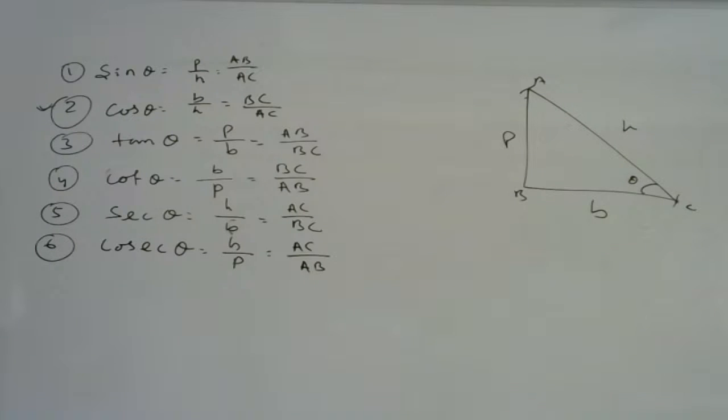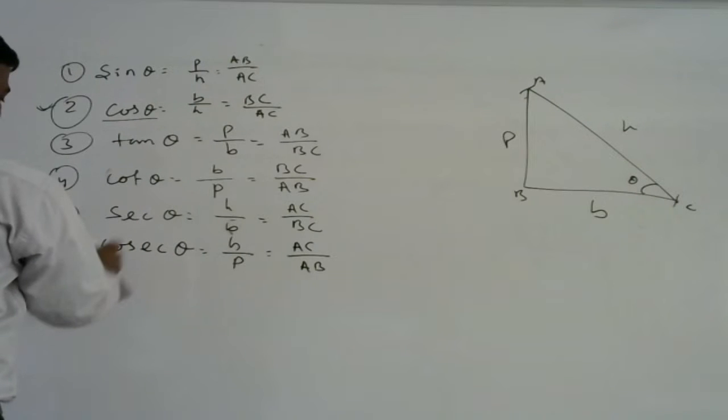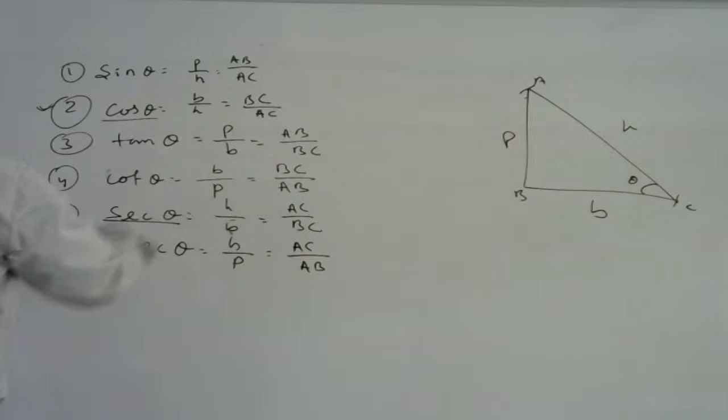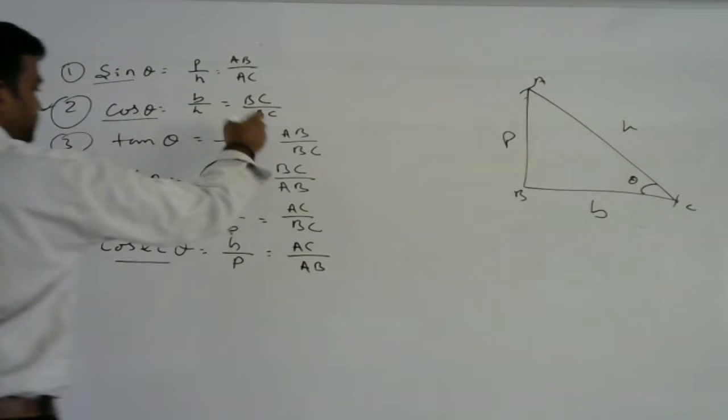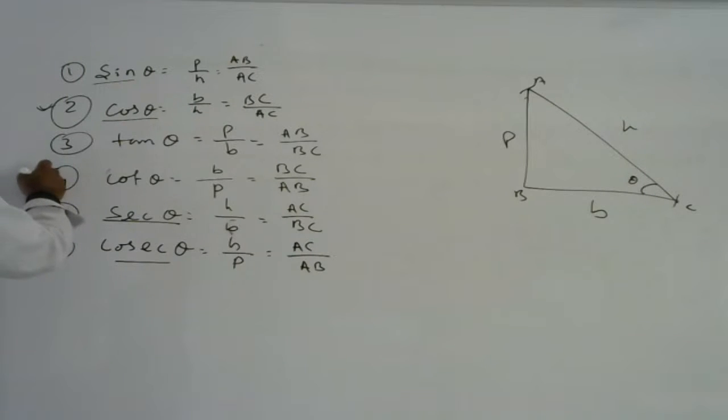So by looking at the ratios, you can compare here. Cos theta and sec theta are just inverse to each other. Sin theta and cosec theta are inverse. Then cot theta and tan theta are just inverse to each other.